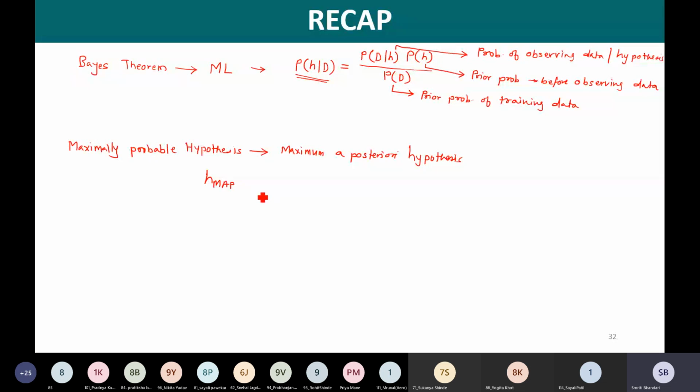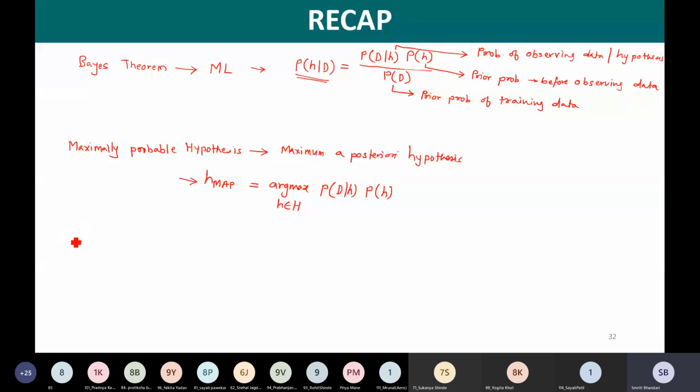And how do we define this HMAP? We define this HMAP as argmax over H that belongs to capital H, probability of D given H into probability of H. So by making use of this expression, it is possible for us to compute the maximally probable hypothesis.